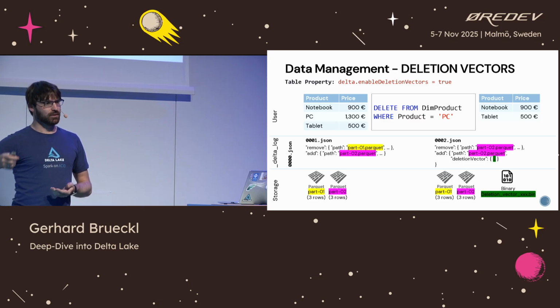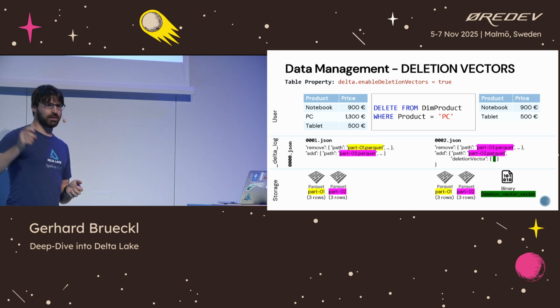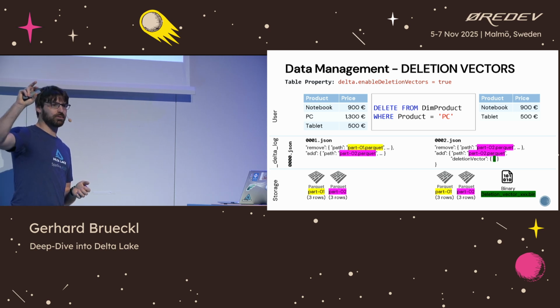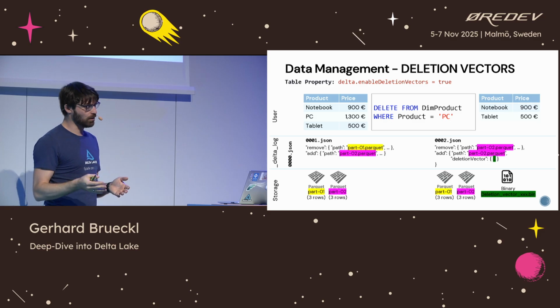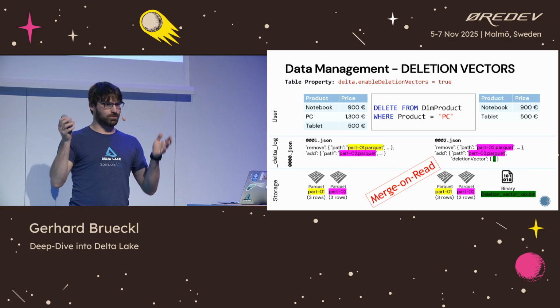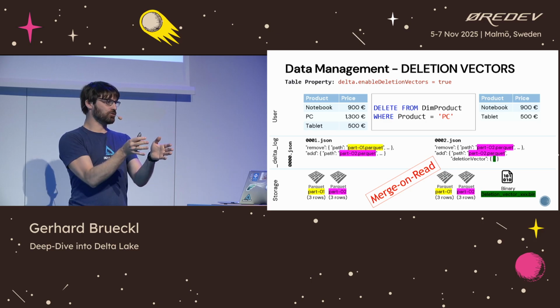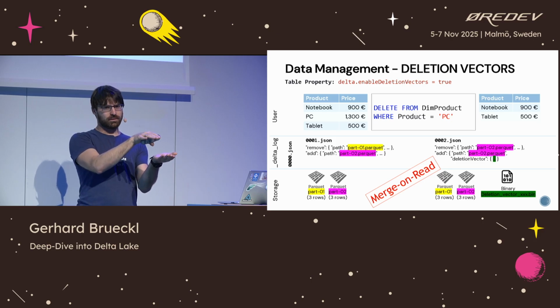So instead of physically rewriting the Parquet file, the data file, we just have a map that says that particular row has been deleted. And so for the reader, whoever reads the Delta Lake table, has to do a merge on read. It has to merge the actual data with the deletion vector in order to get the current state of the table without that row that has been deleted.